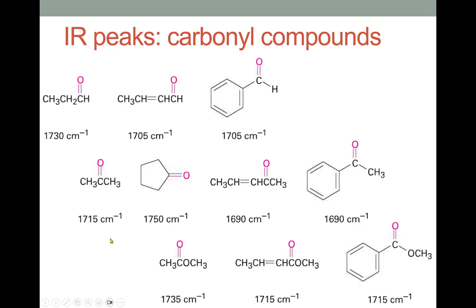We get ketones, again showing up in a slightly different range, but pretty close to aldehydes here. I've got esters now showing up, and another ester structure over here. So lots of different structures with their particular absorptions. But the point of the slide is to say, if you see a strong peak in that 1650 to 1750 kind of range, you'll want to think C double bond O.